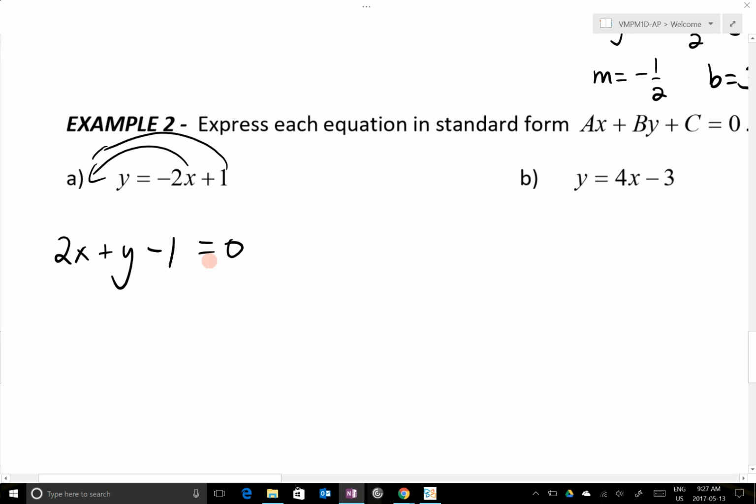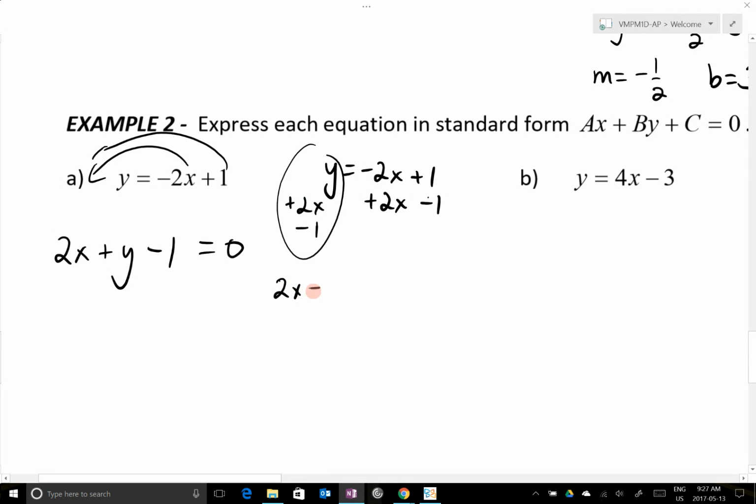If you're more used to the way I'm showing you how to do the math, what you can do is just say, well, if I add 2x to both sides, and if I subtract 1 from both sides, I get all this on the left. So 2x plus y minus 1 equals, and these two become 0. Make sure the x comes first, then your y, and then your constant term.